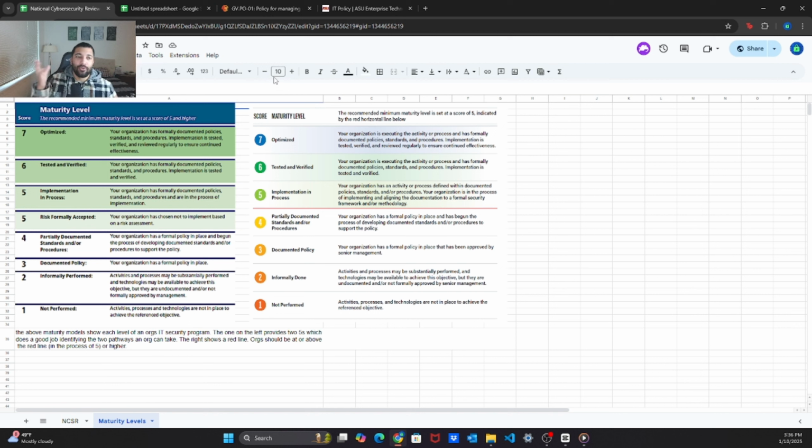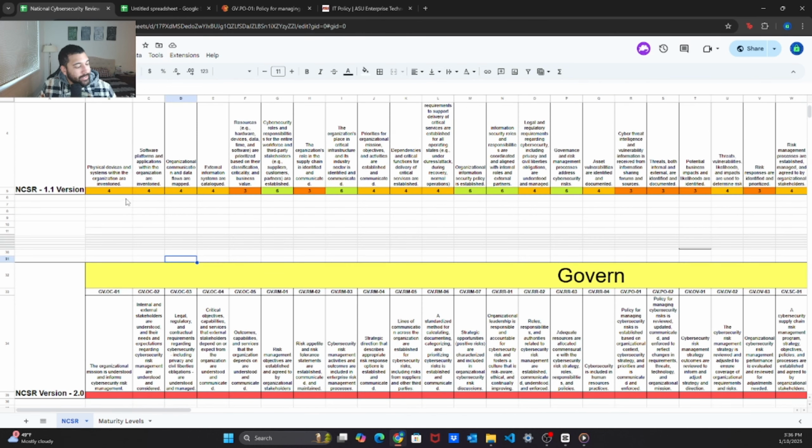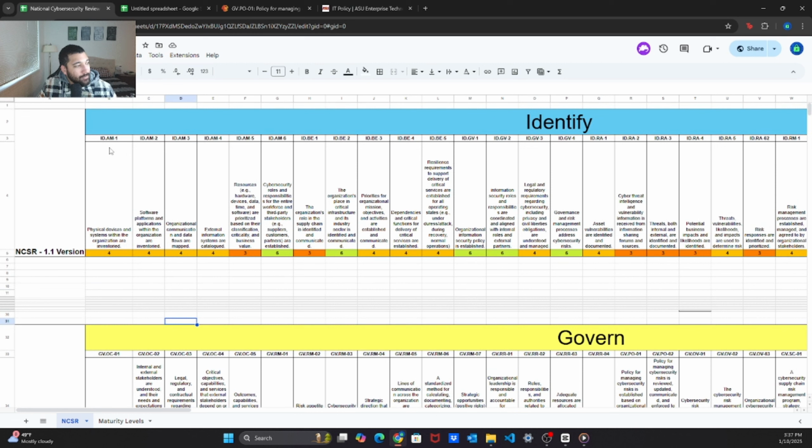Let's say, for example, in one of the subcategories, there's a question. I'll show you. There's a question here that says, for ID, identify asset management 1, physical devices and systems within the organization are inventoried.